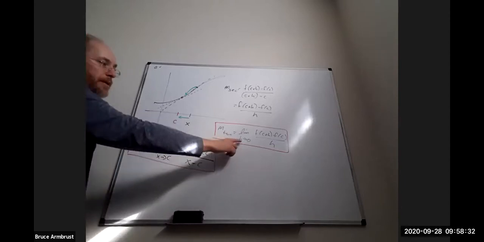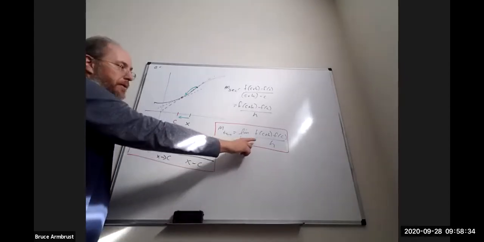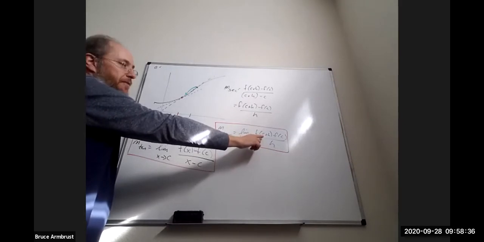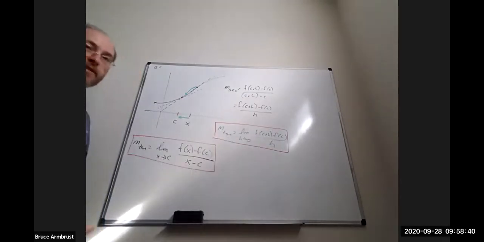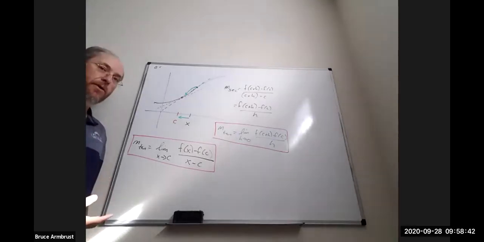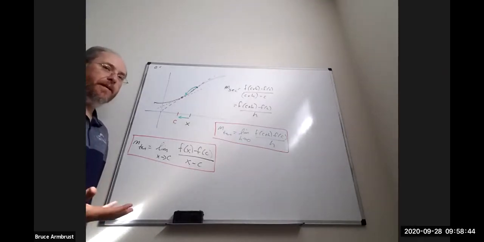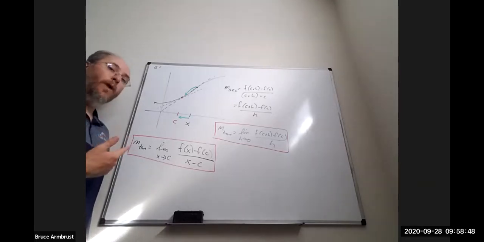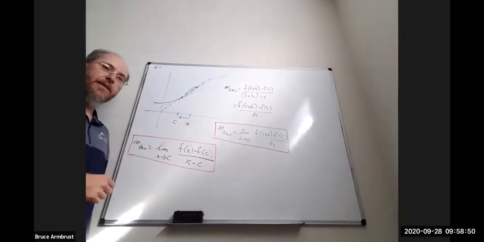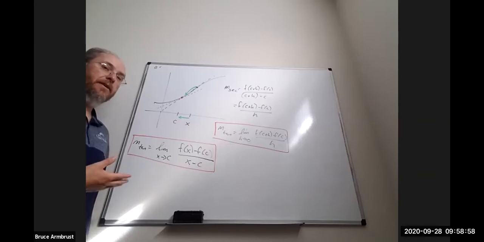If you look at the other one, as h goes to 0, f of c plus h is f of c minus f of c over 0. So again, another 0 over 0, which means do algebra. So no matter what, for any one of these kind of problems where we're finding an instantaneous rate of change, we're going to have to do algebra. The only question is, what kind of algebra?